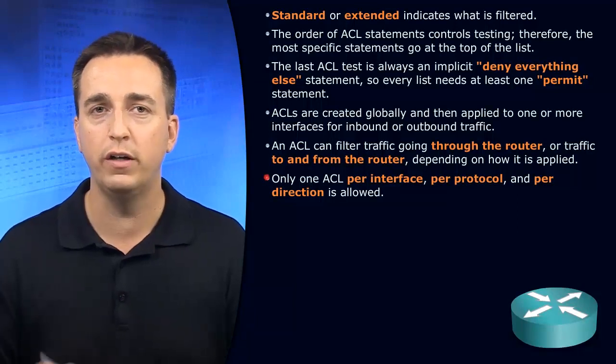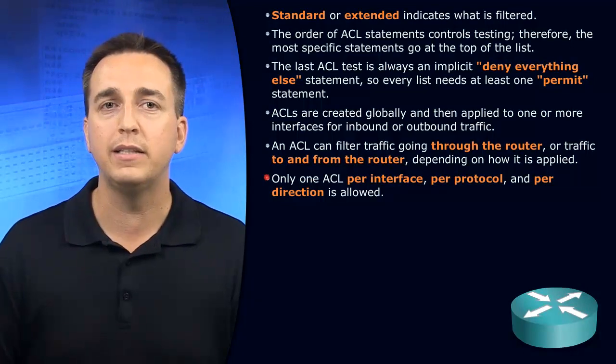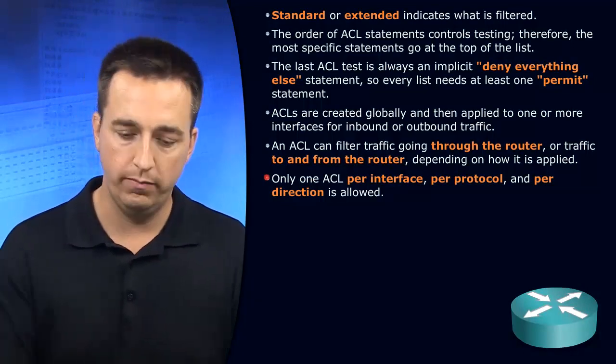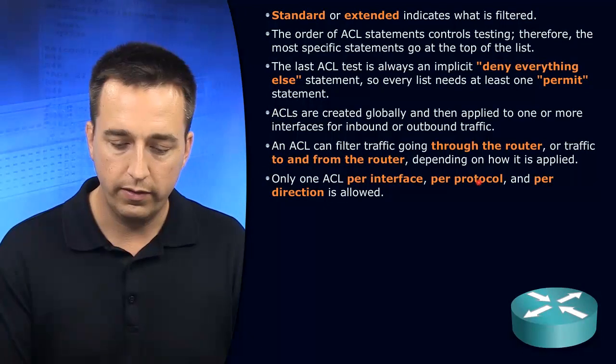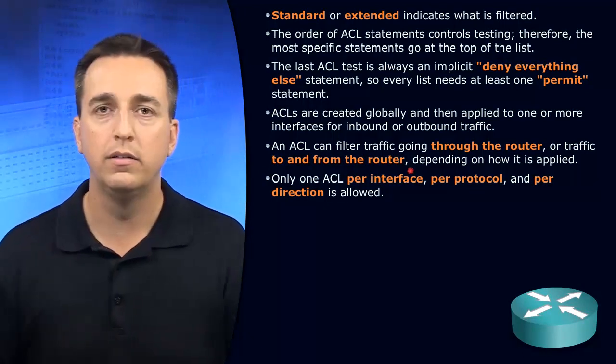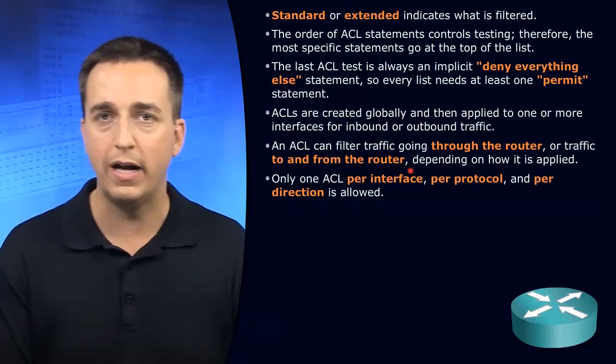And then lastly, always remember this rule: one ACL per interface, per protocol, per direction is allowed. What this means is that if you're running, for example, the IP protocol, IPv4, you can have one ACL on that interface for IPv4 per direction.